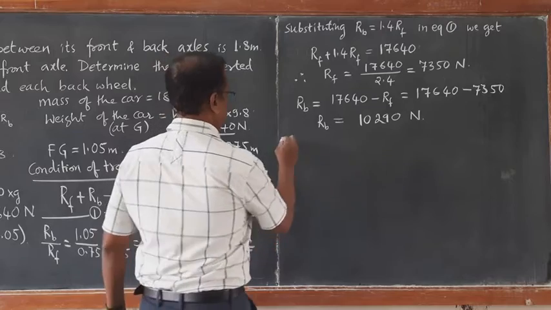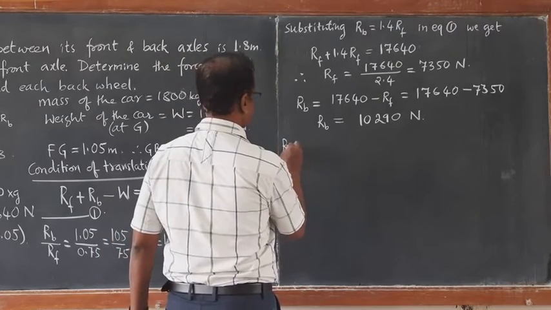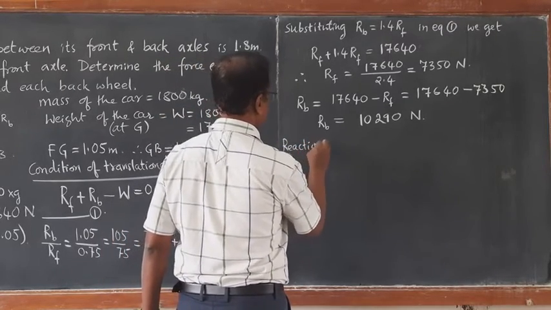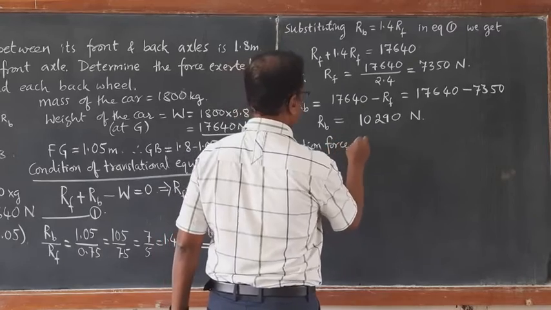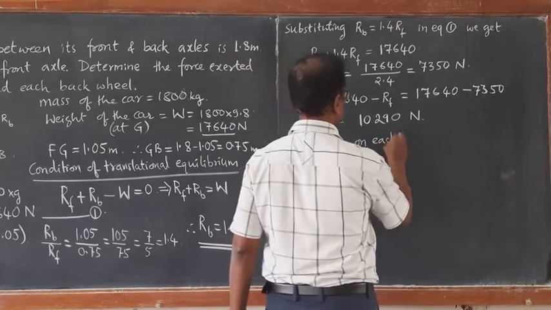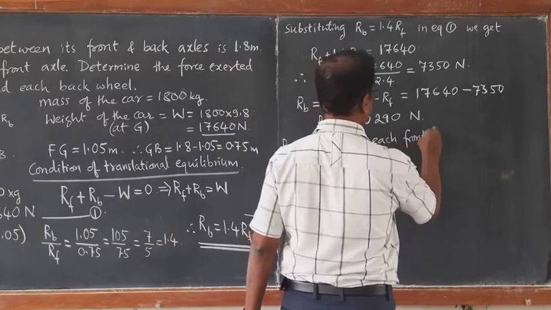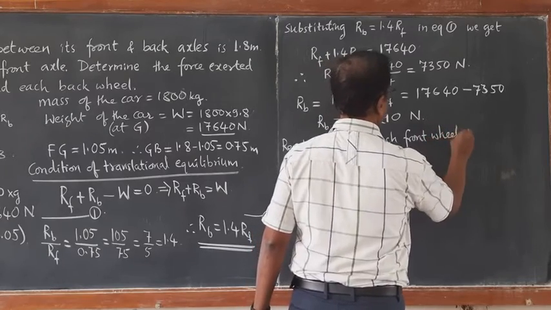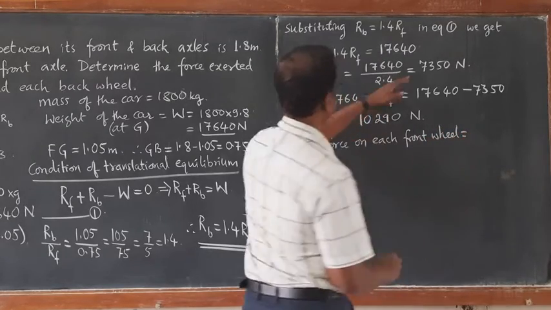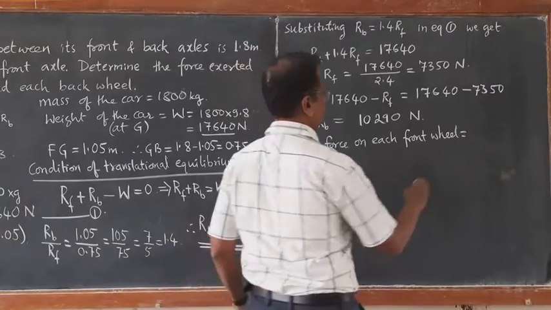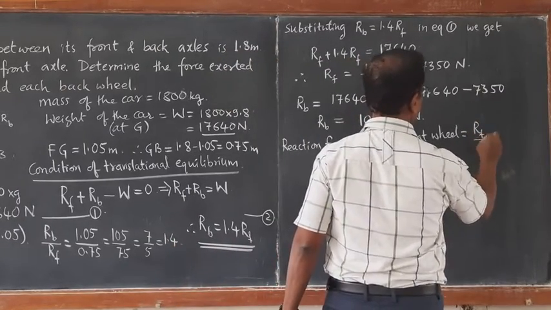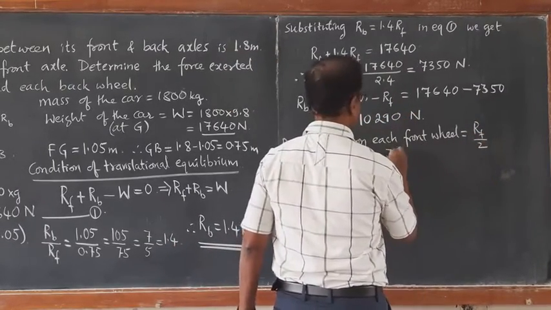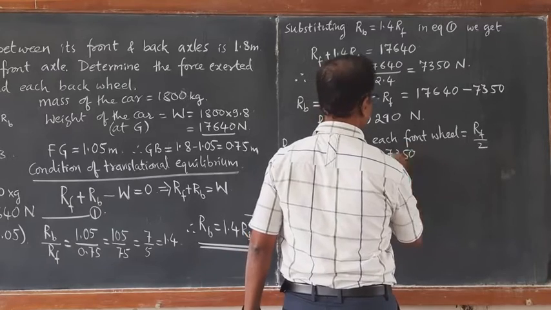So the reaction force on each front wheel is equal to RF divided by 2, that's equal to 7350 divided by 2.